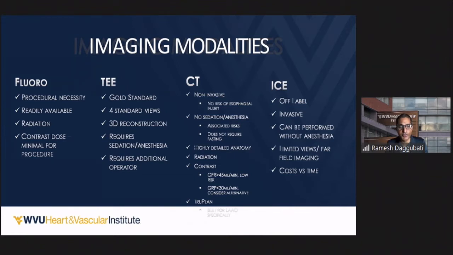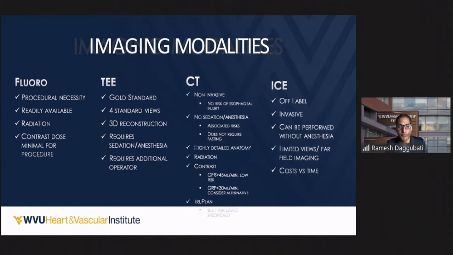So the contrast is the most problematic in CT. We do not recommend, as Dr. Ranjan Shetty mentioned, for people who have dehydration and are already coming in, that we use contrast; having a pre-planning CT will definitely affect their kidneys, and we don't recommend that.